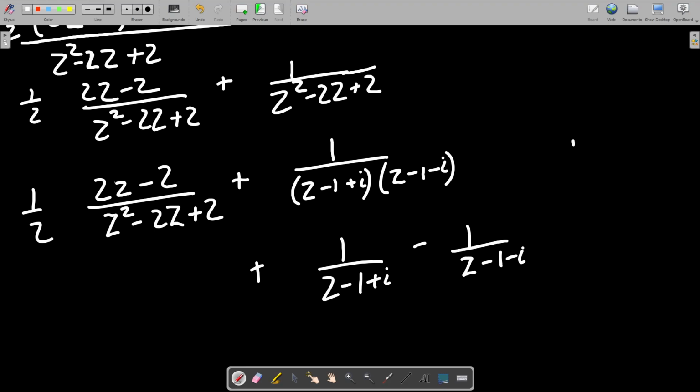Just let me verify this. I have done this calculation in my mind. I'm not going to the partial fraction thing.